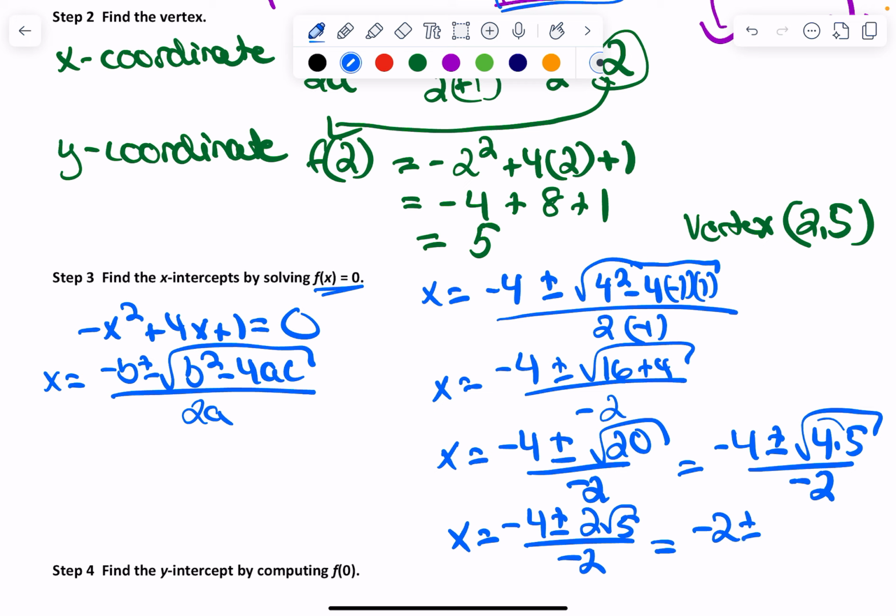Plus or minus 2 divided by 2 is 1, square root of 5. And now we still have a negative 1 under here. So negative 2 divided by negative 1 is going to be a positive 2, and the plus and minus stay because it doesn't matter which way it is. So 2 plus or minus the square root of 5.